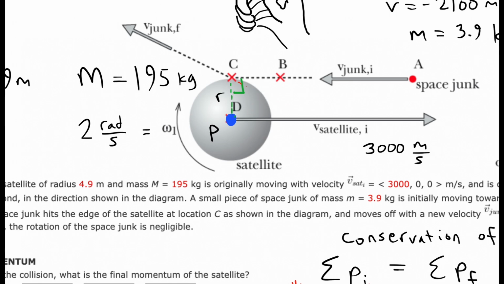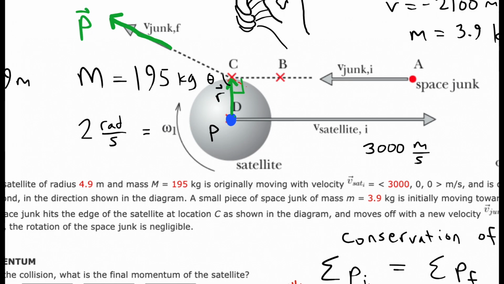Instead, I'll do a cross product between the existing R here and the momentum of the junk. The momentum will be P, and I can use the existing R that we already used, but we do have to know the angle between the R and the P. So that's going to be our next task.